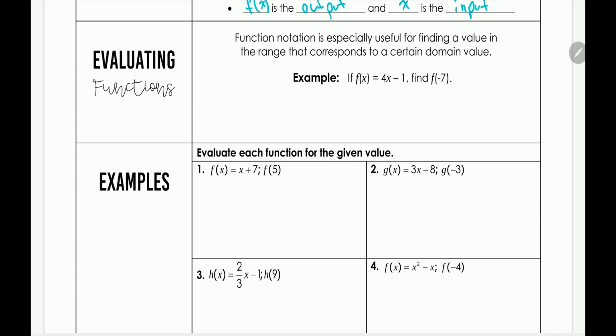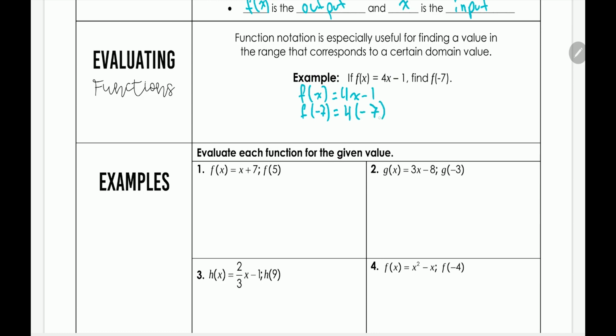So if we're given a function, f of x is equal to 4x minus 1, and we're asked to find f of negative 7, notice how the x changed to negative 7. We're substituting negative 7 in for x.